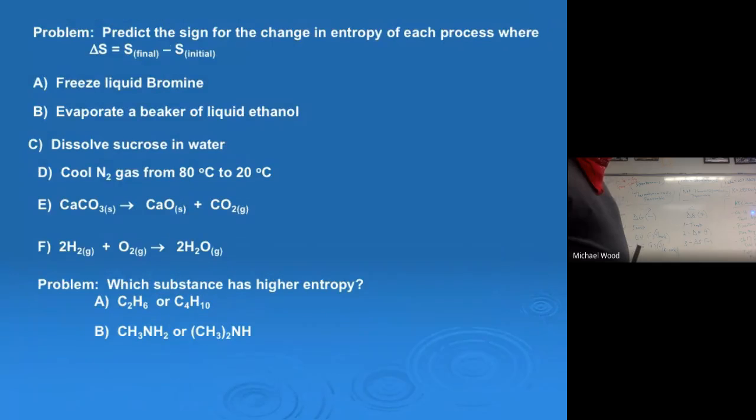Okay, A and B. Look at those, see what you think. Which has higher entropy? Which has more disorder? The larger the molecule, the more entropy it has.